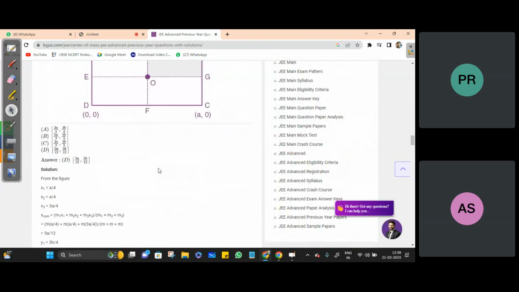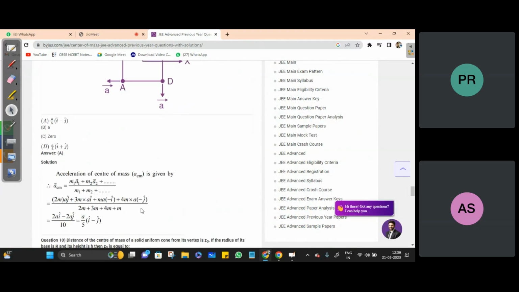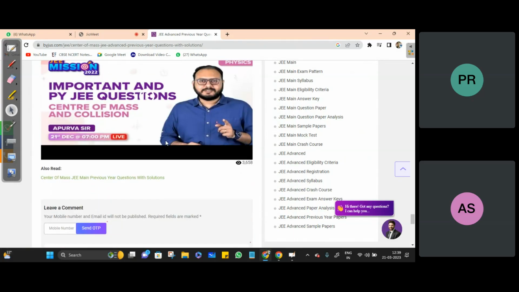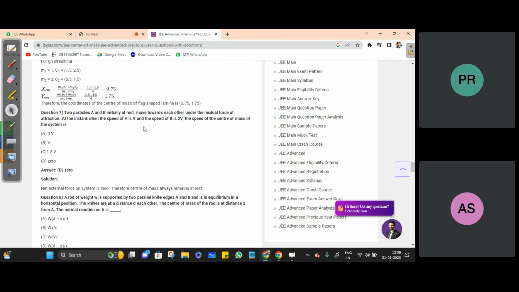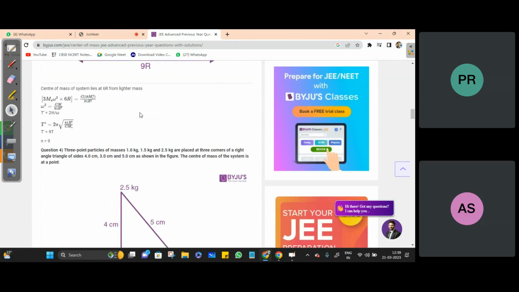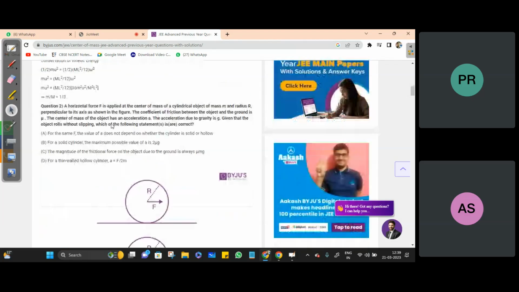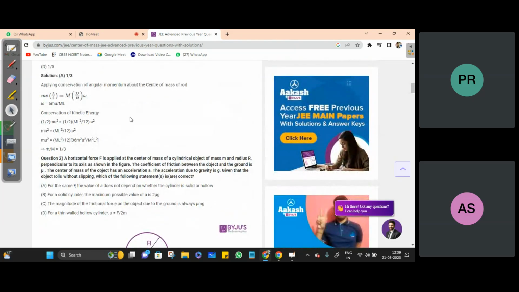That line joining the two bodies is also called the line of impact.